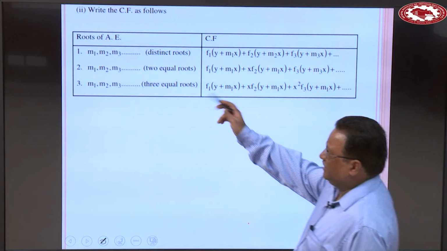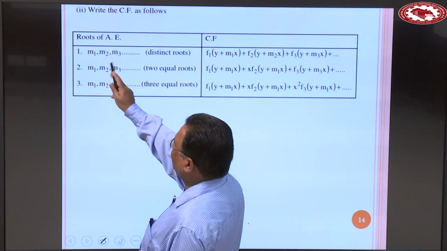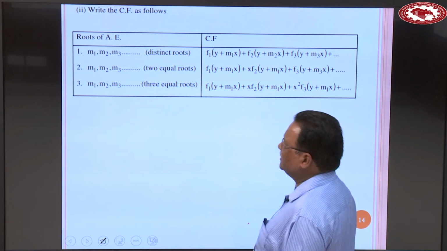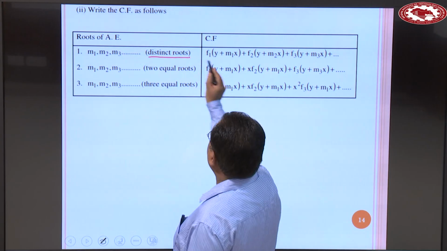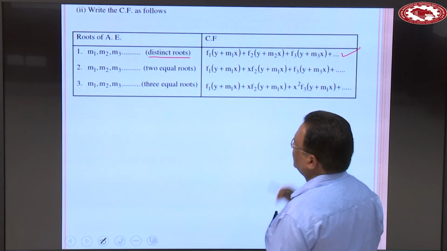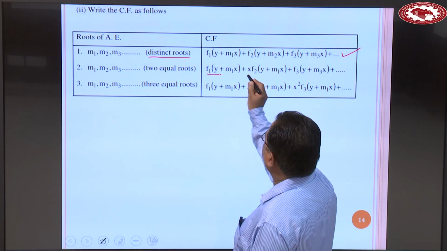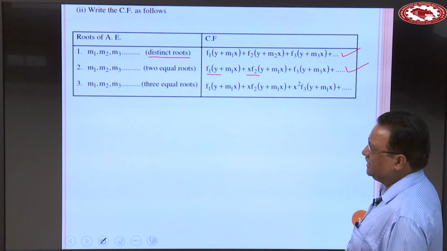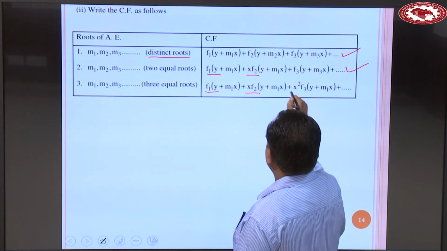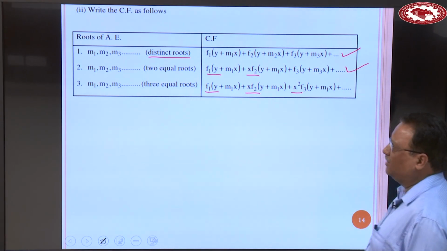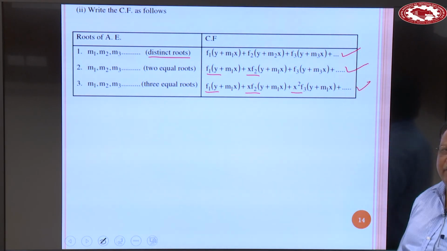So if we have m1, m2, m3 as the roots of this auxiliary equation, if we have distinct roots, then we can write the solution like this. And if two roots are equal, then we get this type of result. If three roots are equal, then x square plus and so on. In this way you can write the complementary function.